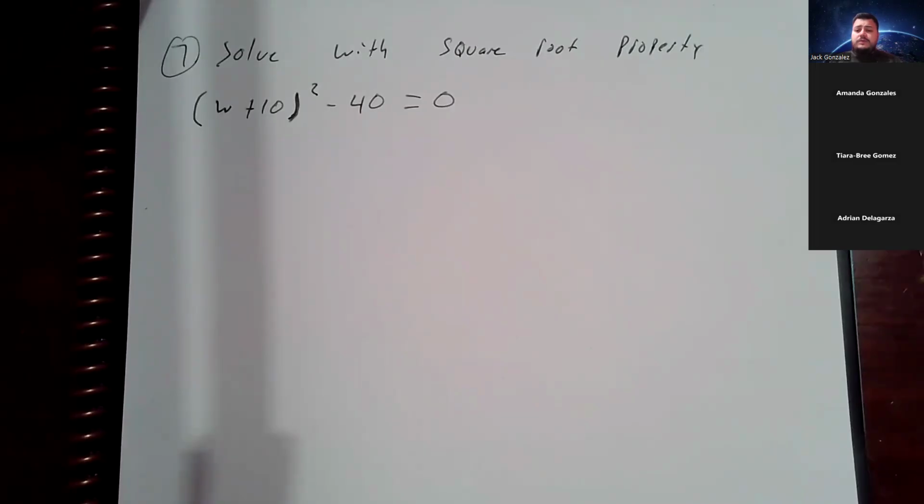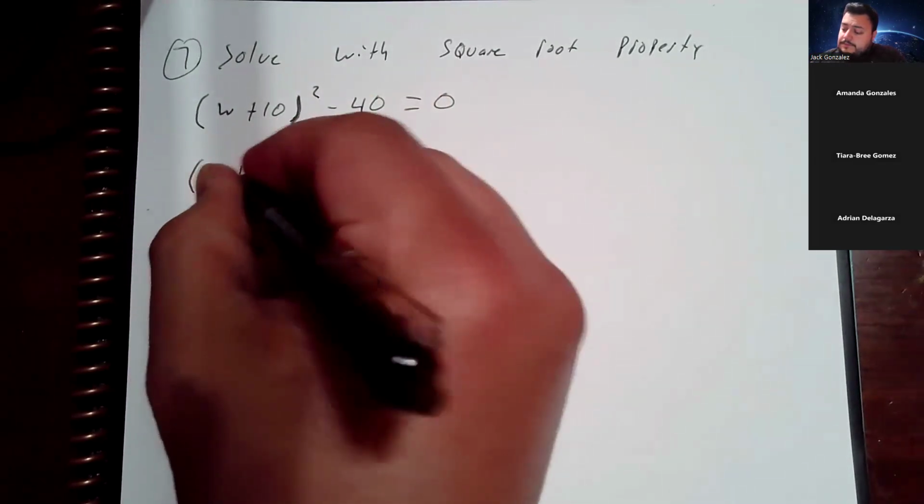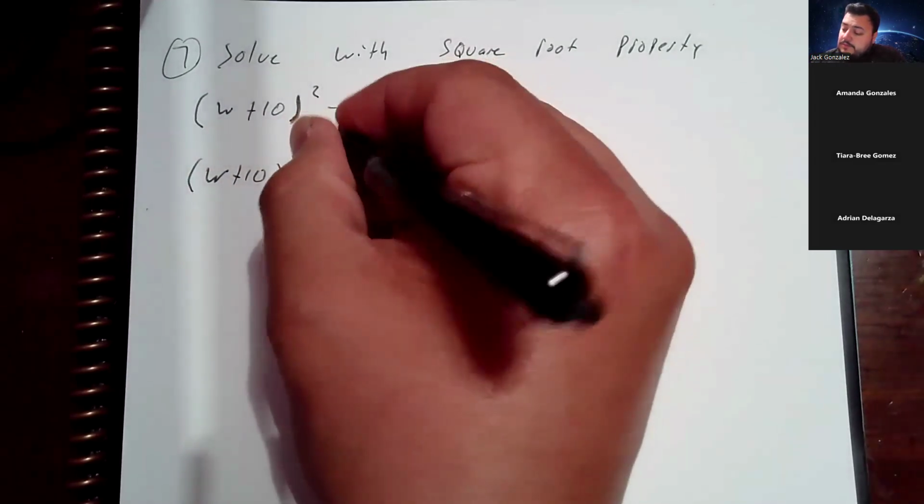Yeah. Whenever you use the square root property, we need to have one term on both sides. This is a single term. So add the 40 over.